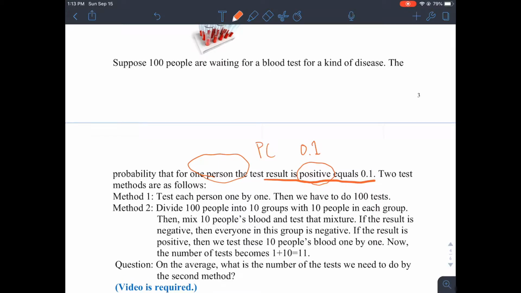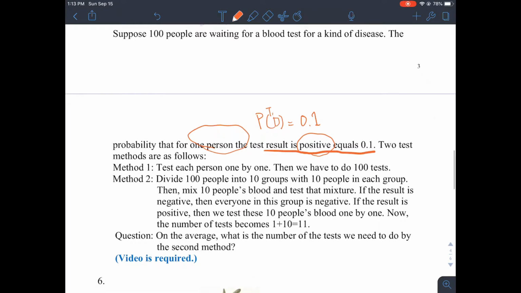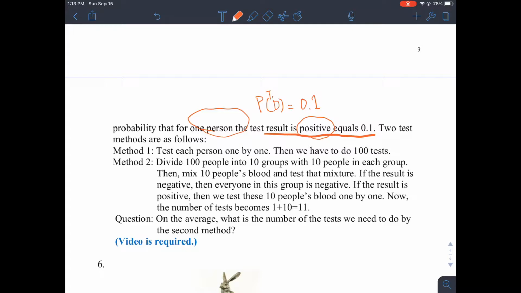So the probability of the disease test is 0.1. And there are two models here. The first is a very normal model, so we will not analyze it here. We will focus on the second model.